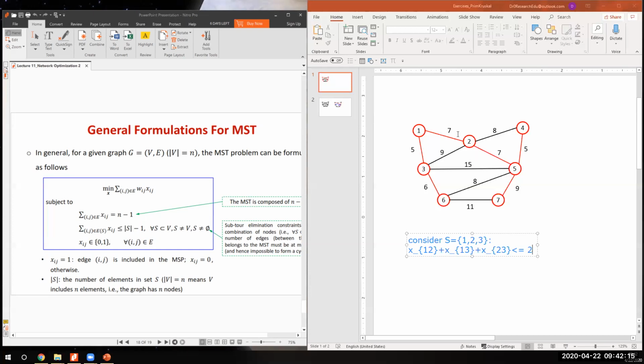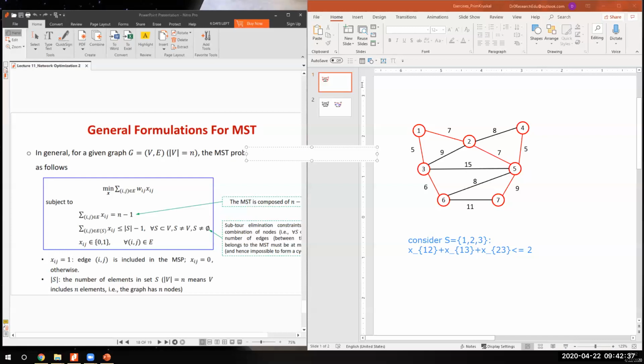This actually prevents you from doing what? From making a cycle. See it? This tells you there's no way you can choose all of the edges 1-2, 1-3, and 2-3, which would give you a cycle. And clearly, for an MST, there must be no cycle. Why? Because it's a tree.